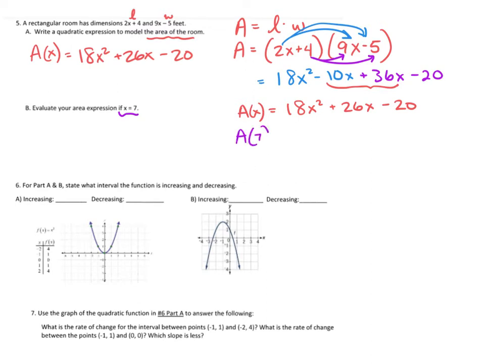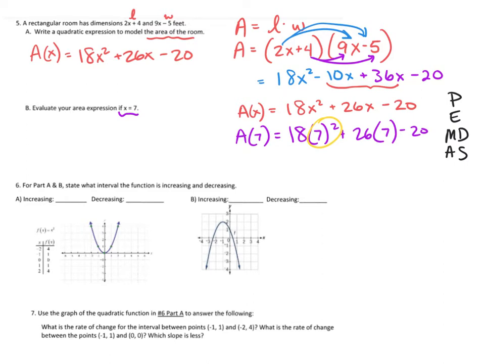So the area when the x is 7, it's going to be 18 times 7 squared plus 26 times 7 minus 20. So order of operations, make sure you do your exponents, okay? Old PEMDAS, please excuse my dumb Aunt Sally.